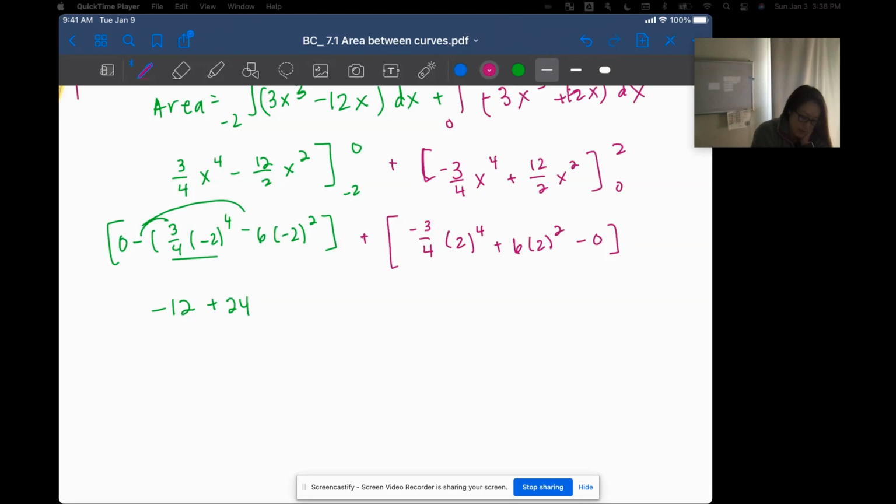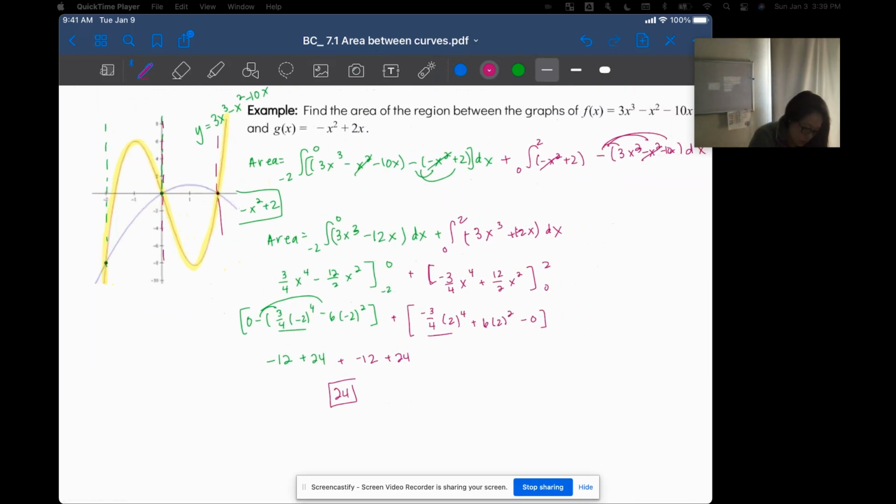And then here I get -12, so plus -12 plus 24. All right, and then when I add those all together, I get an area of 24. That's it. So when the curves switch location, so when the top curve becomes the bottom or the bottom becomes the top, then you have to make more than one integration.